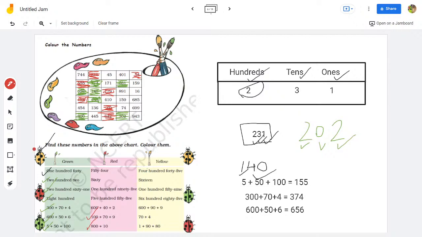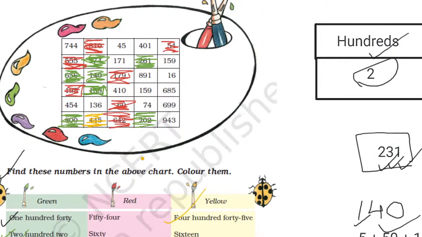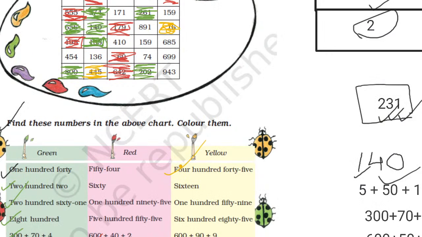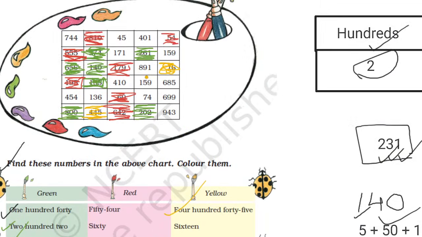Now next comes the yellow one. So for yellow one we have 445. So 445 we have over here in yellow. Then we can shade 16. 16 is very easy. Here we have 16. Then we have 159.